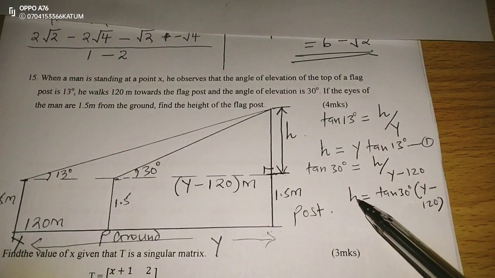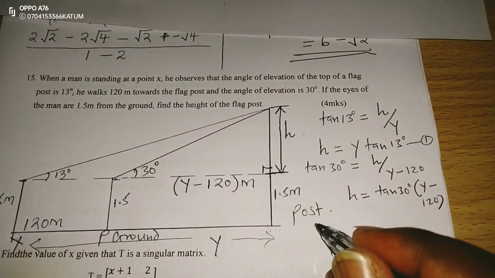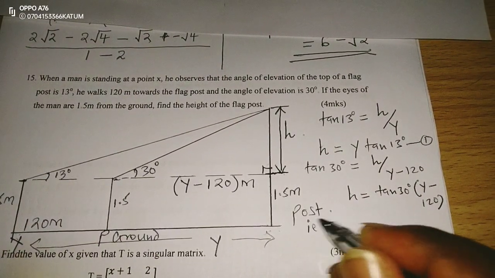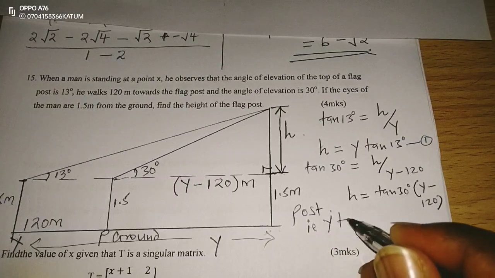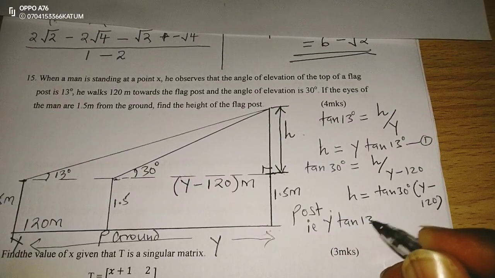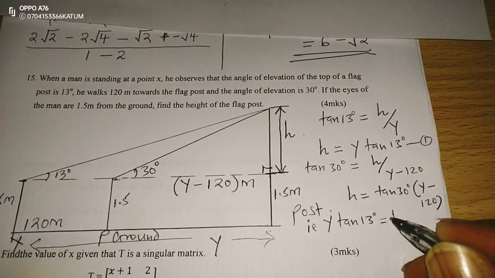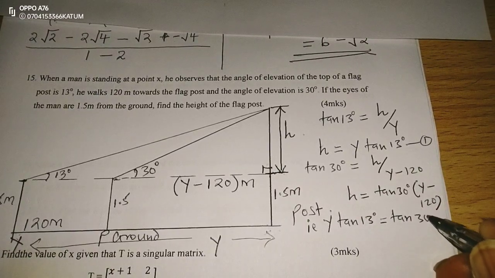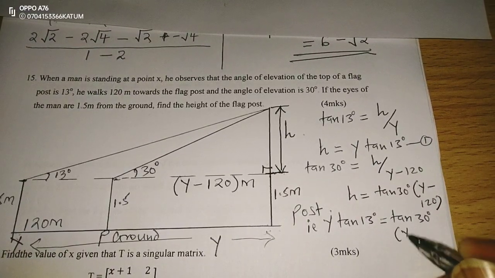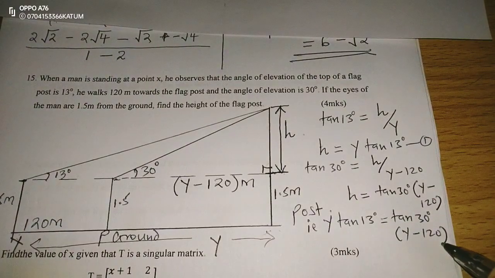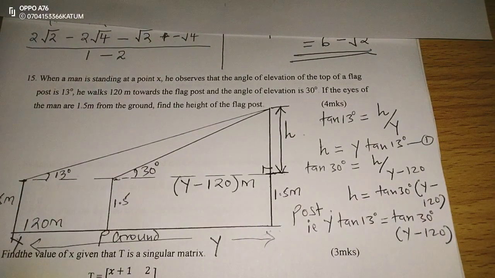Since these two expressions both give us the value of h, the two expressions are equal. That is, y tan 13 is the same as tan 30 multiplied by y minus 120. So now I can get the value of tan 13, which is 0.2309.